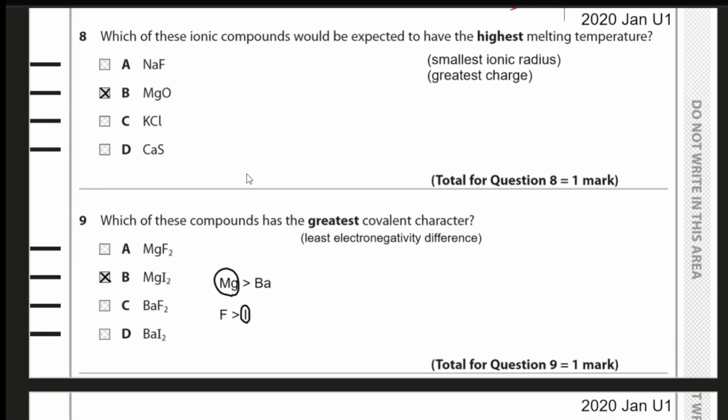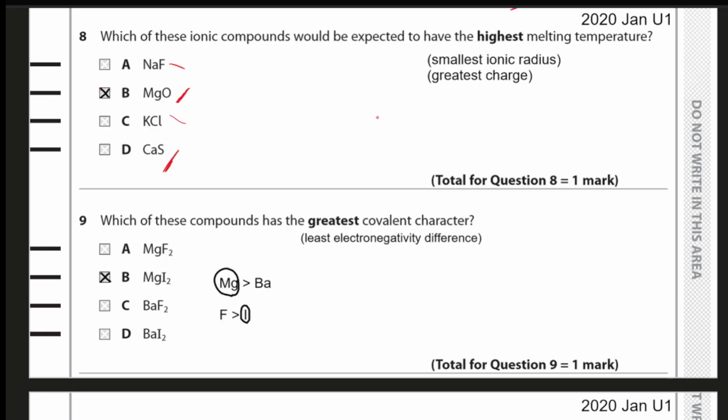Now, which of these ionic compounds will be expected to have the highest melting temperature? Before that, we need to check which one has the greatest charge and the smallest ionic radius. Among all of them, Cl and F are out of the option, which leaves us this one and this one down here. Both of them have great charge: the anions have great charge and the cations have great charge.